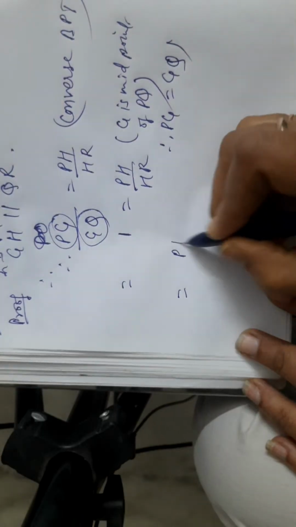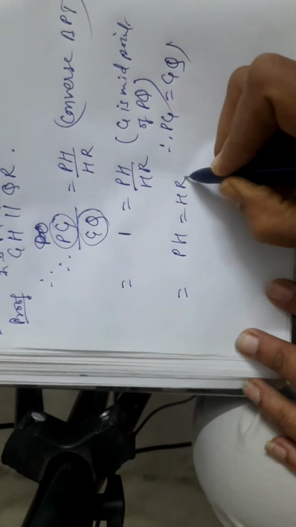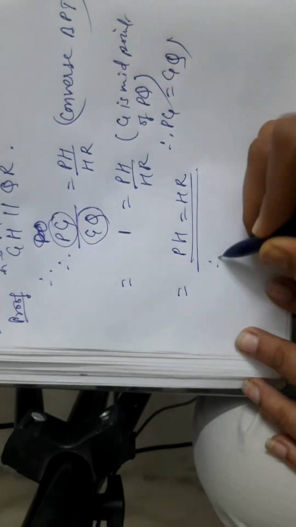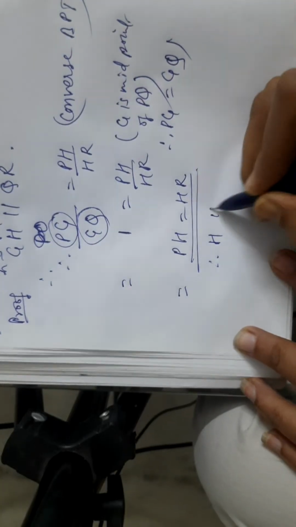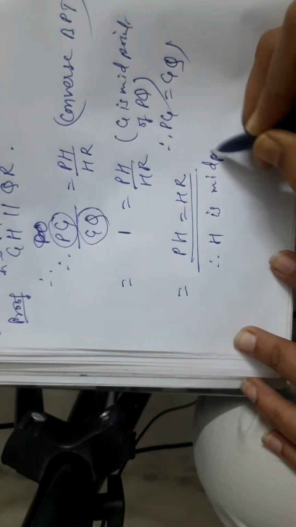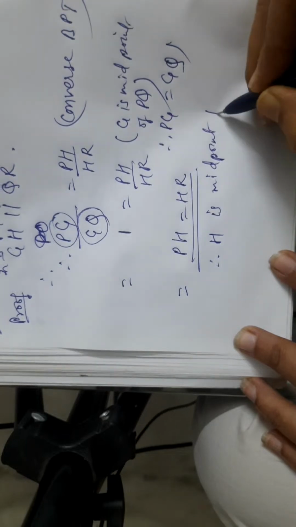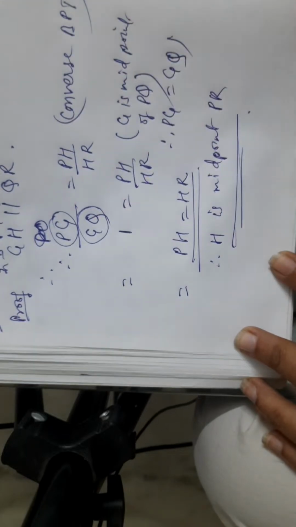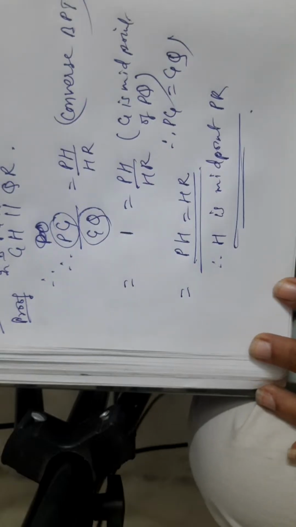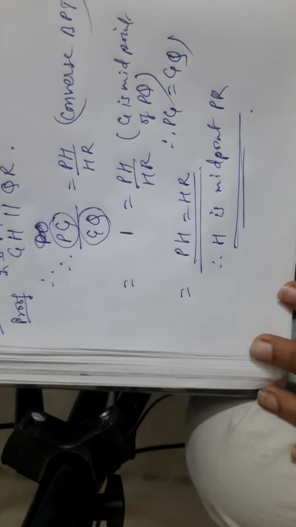Having cross multiplication, PH is equal to HR. So when both sides are equal, H will be the midpoint. Therefore, H is the midpoint of PR. Is it clear? You want me to explain again? Vivek, is it clear?